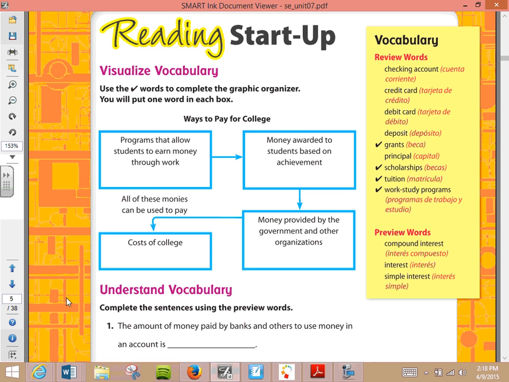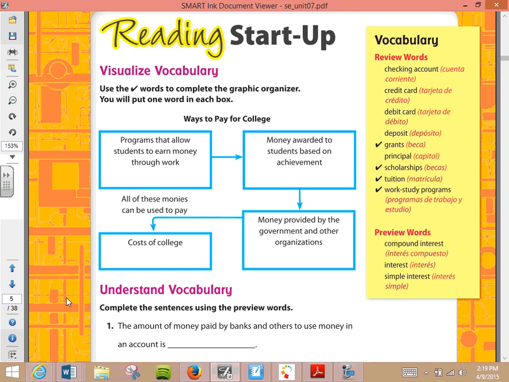Scholarships, what are those? They give you money. It's like a discount. They pay for it, and it could be in different ways. It could be a reduction of your tuition, or they just give you a check and say this is your money so you can go to school, and you can use it for different things.